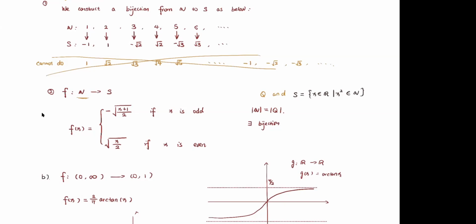So we have F mapping from natural numbers to Q. Now you can come up with another bijection between natural numbers and S. Let's say this is G, and F is a bijection from N to S. Then you can use the composite of those two, because a bijection composed with a bijection is another bijection.